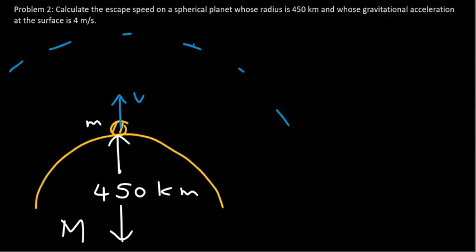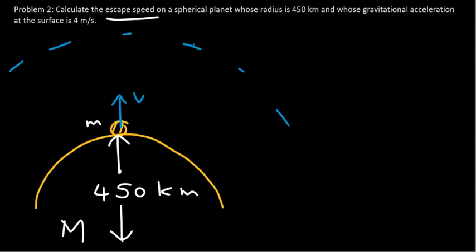Problem 2. Calculate the escape speed, or escape velocity, on a spherical planet whose radius is 450 kilometers and whose gravitational acceleration at the surface is 4 meters per second squared. So let's define what an escape speed is.